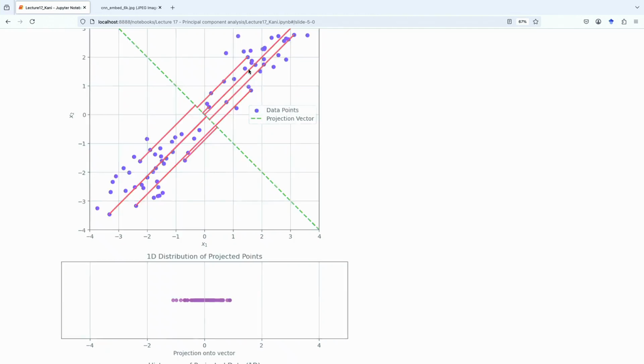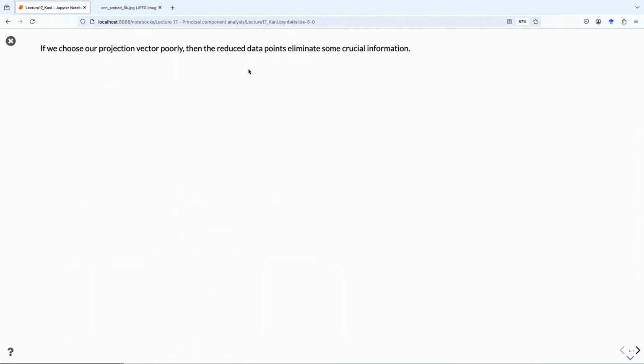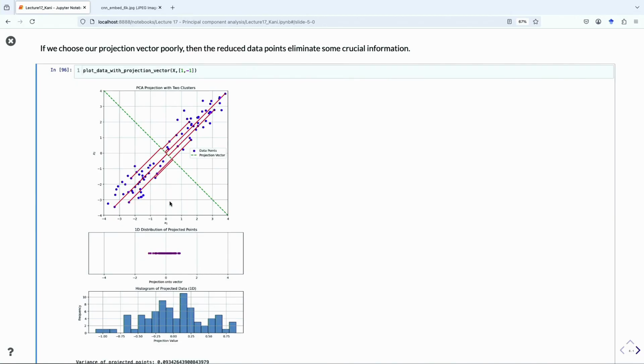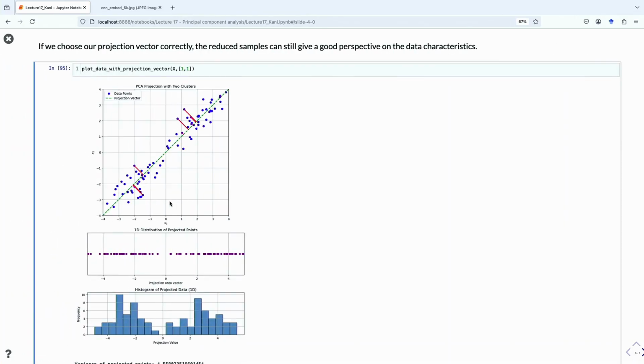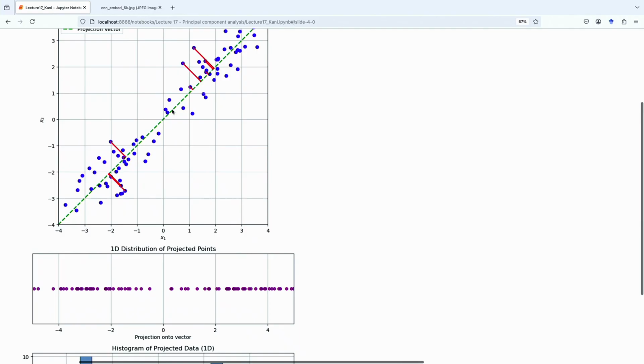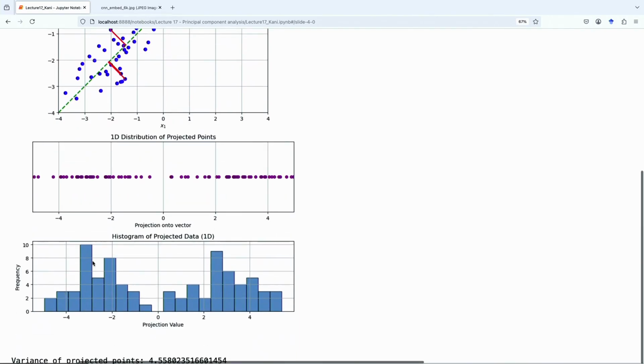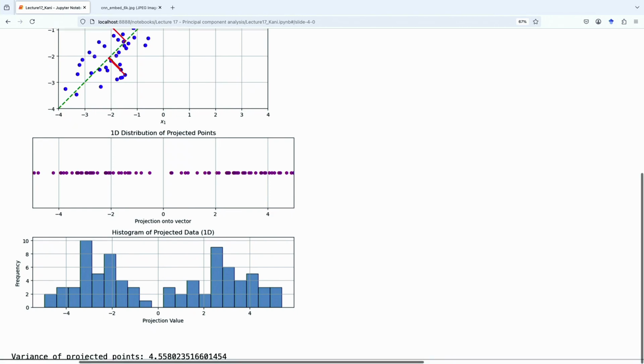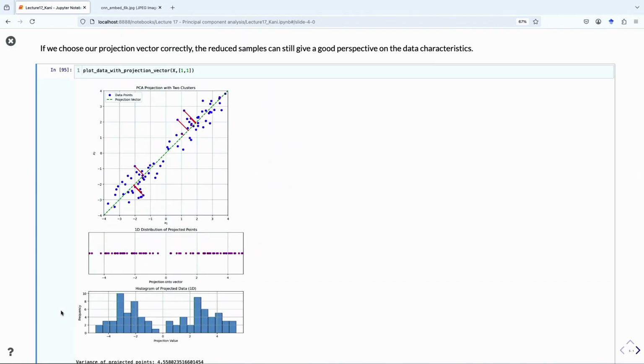So it makes more sense to represent the data using the other vector, because at least that gives us 2 peaks, and it still gives us a big piece of information about the data set, namely that the data has 2 clusters. Okay. So that's what we want to do.